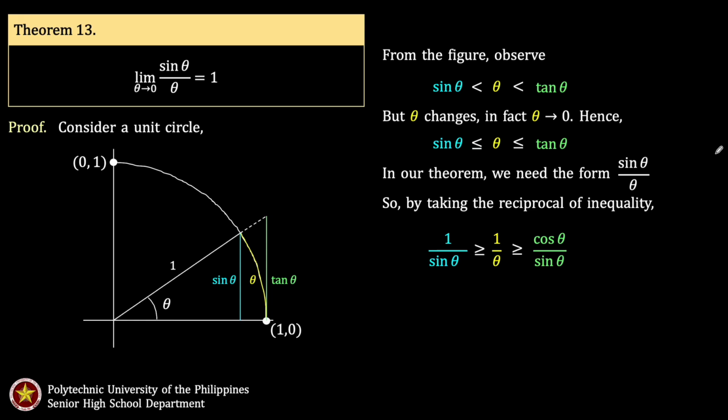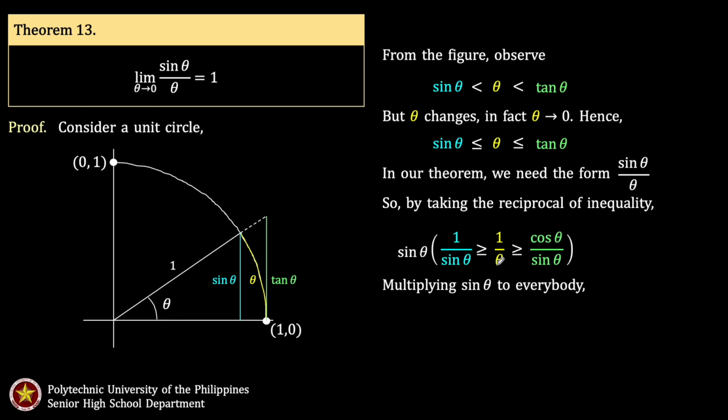Now, our goal is to show this kind of function, sine theta over theta, but in the middle part, we only have 1 over theta. So all we have to do is to multiply sine theta to everybody. So by performing that, sine theta times 1 over sine theta is 1.